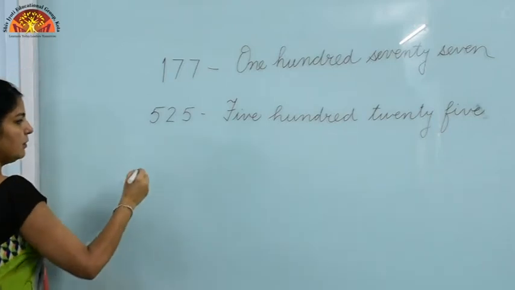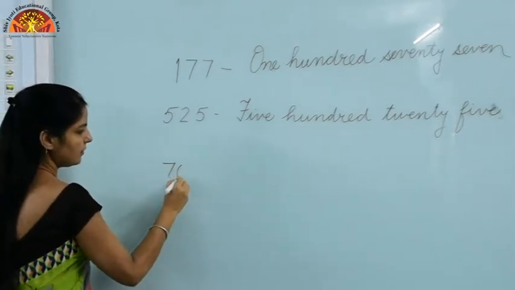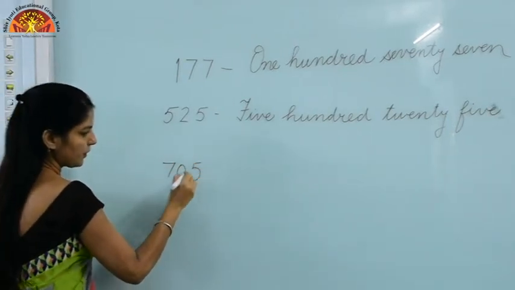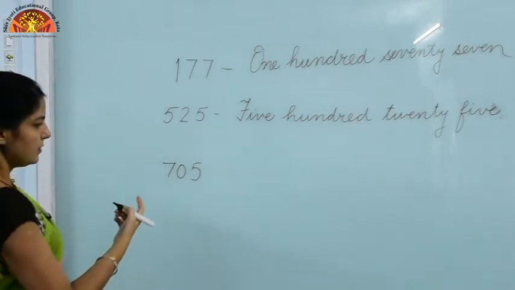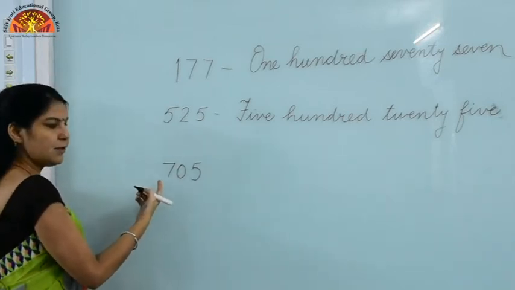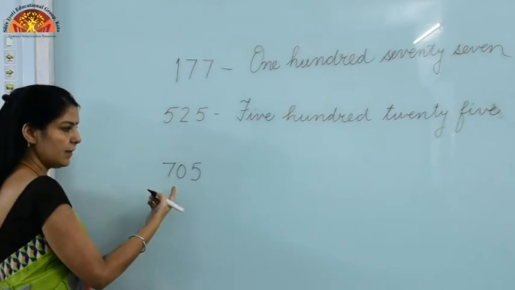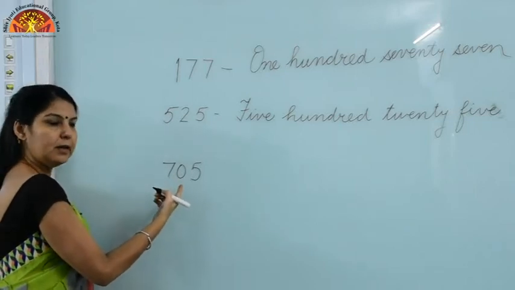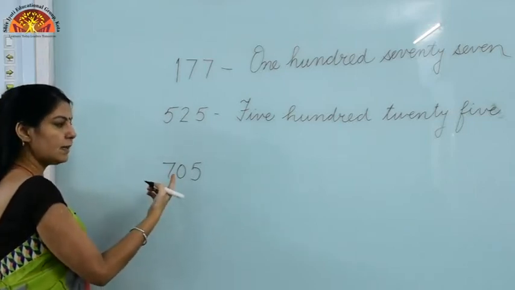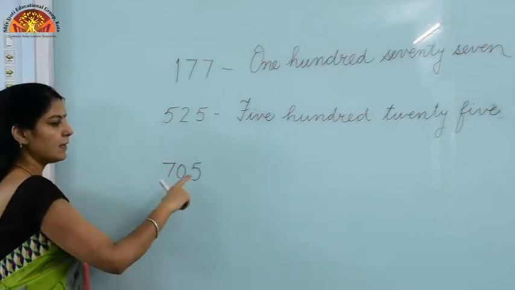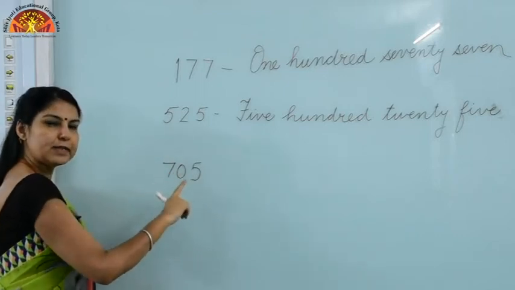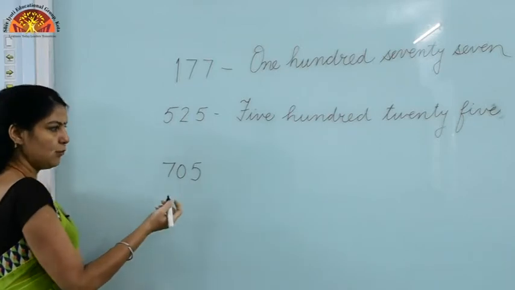One more number. This is 705. Here 7 is at hundreds place, so we are reading it as 700, and here there is no number at tens place, so we will read it 705 because 5 is at ones place. I hope you have understood.